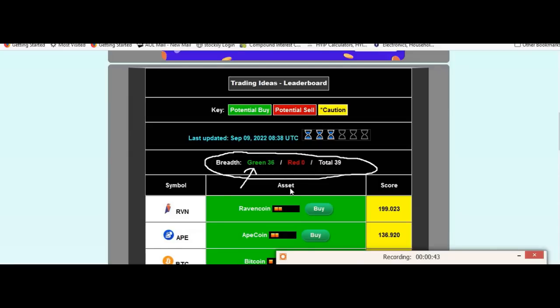There's no negativity in the market right now, no momentum to the downside. And there's 39 coins and tokens being tracked right now.